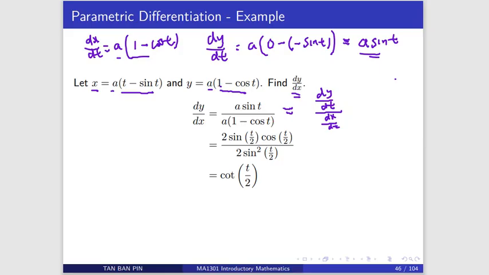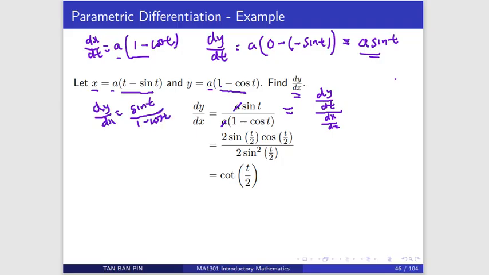You can cancel a from the numerator and denominator. If the question did not ask you to simplify, you can give this as an answer. That means you can just give dy/dx as sine t over 1 − cosine t.